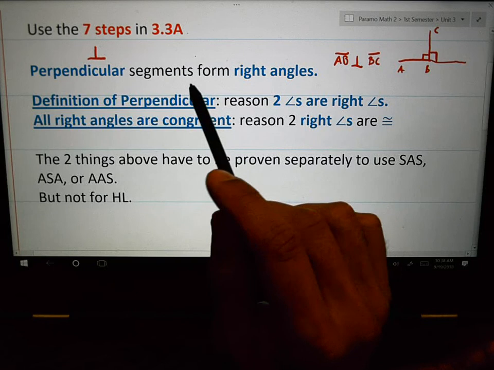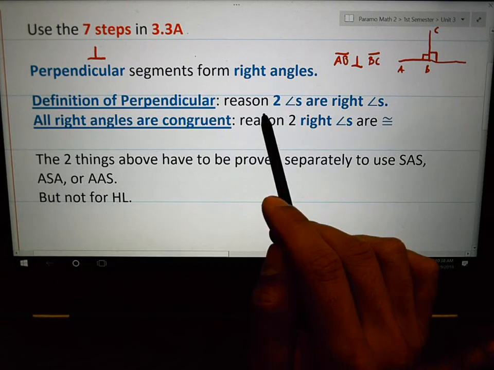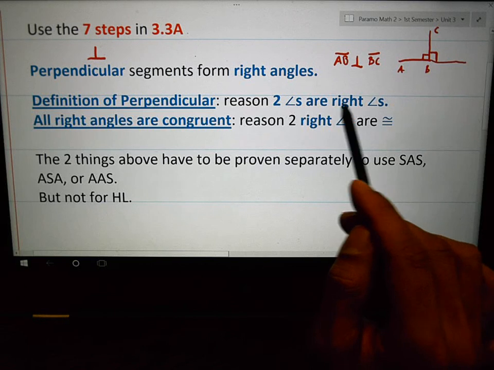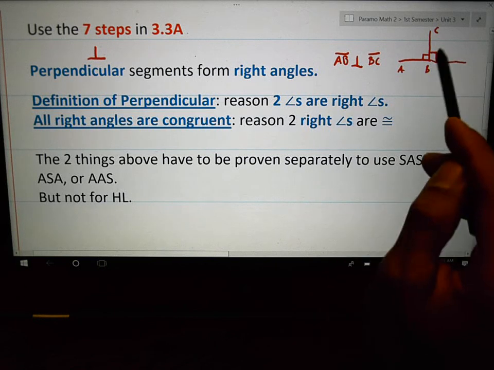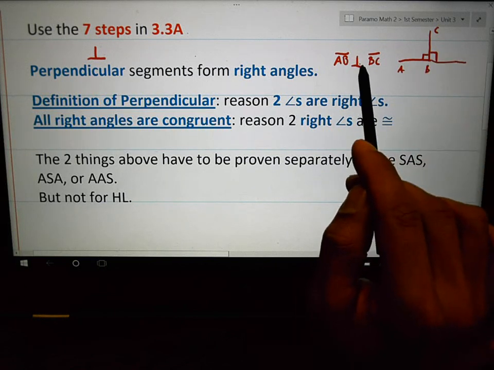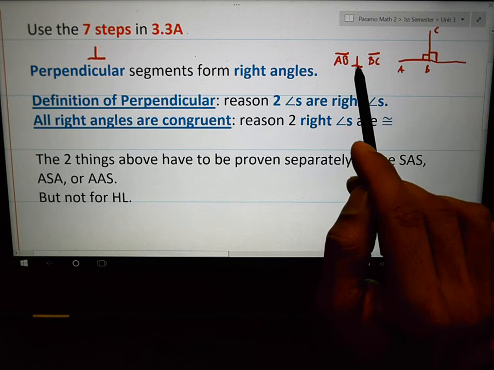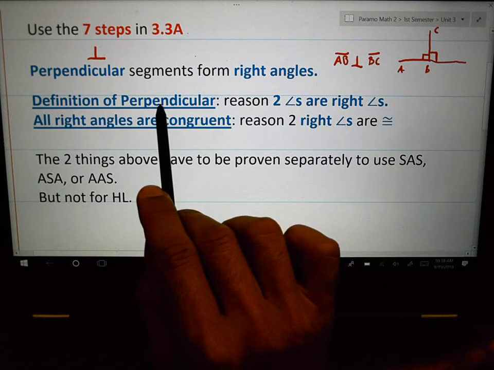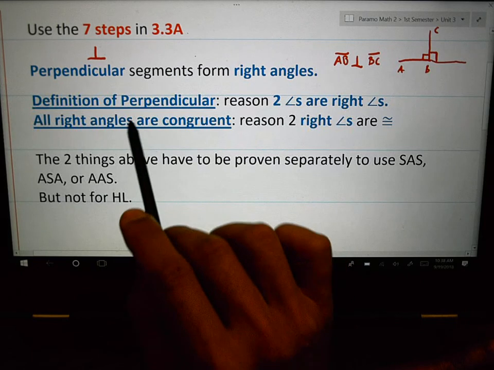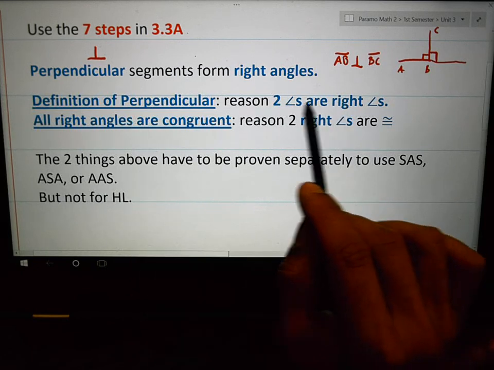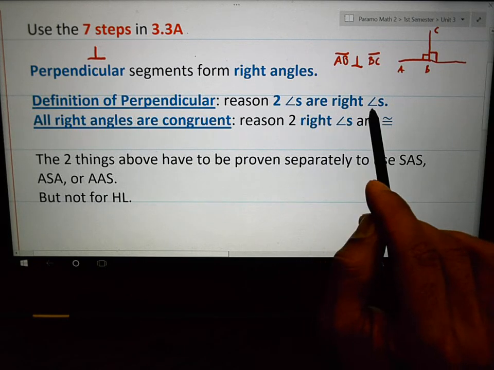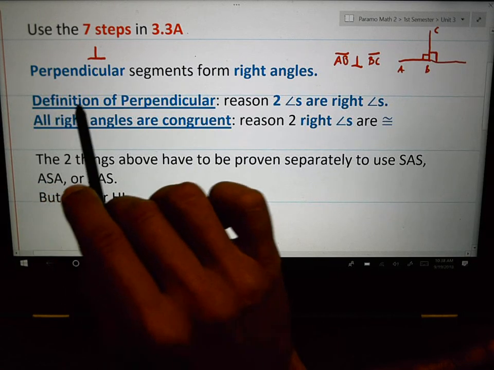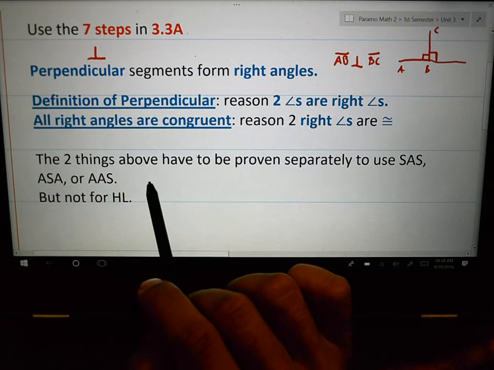So, since we are in proofs, for the reason why two angles are right angles, a lot of times you're going to say, I know these are right angles because I'm using this word's definition. What word is this right here? It's the definition of perpendicular. When you're writing your proofs, if you ever are saying that two angles are right angles, you can say that the reason is because of the definition of the word perpendicular.